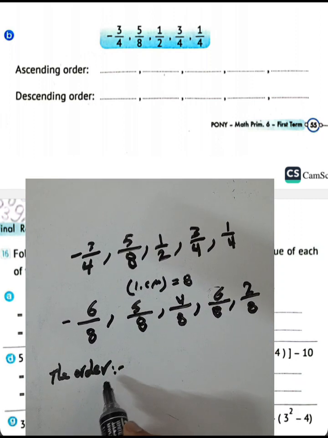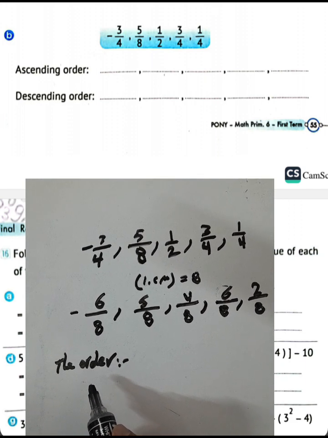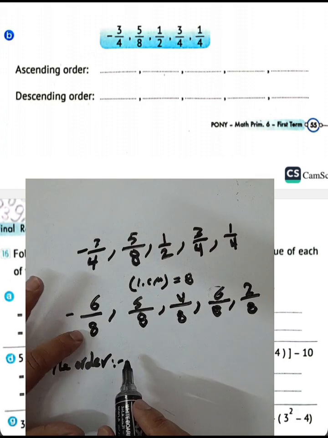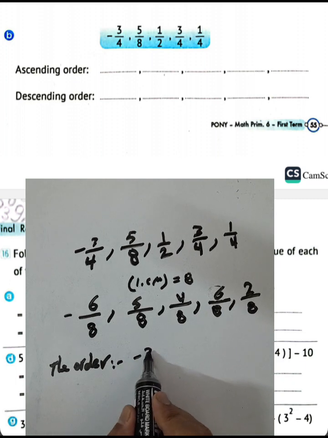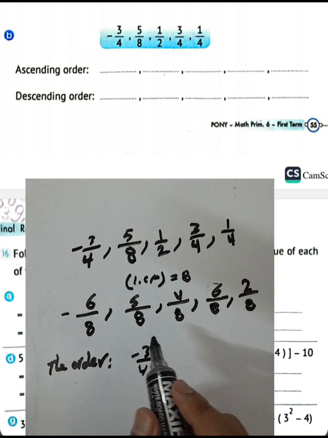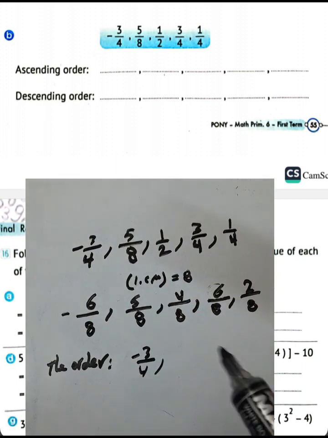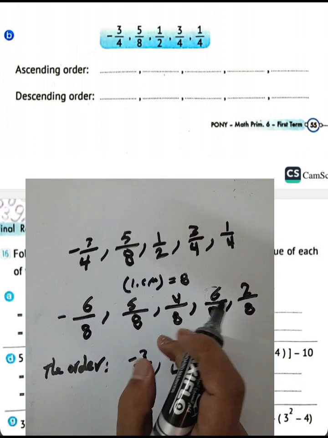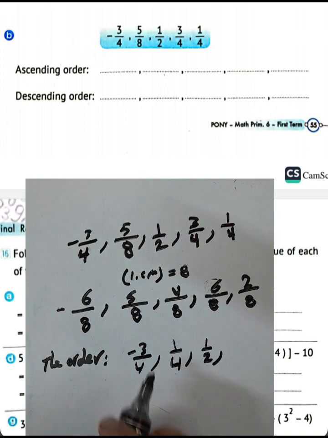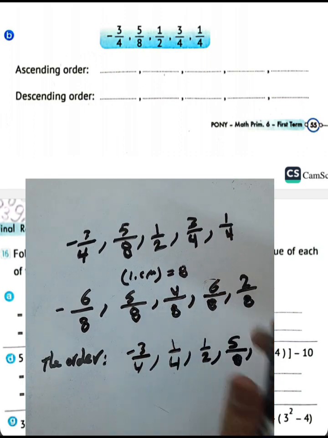the order here, you want to arrange in ascending order from least to greatest. Write the negative number first, the original number, negative 3 over 4, and this number 2 over 8 will be fourth, and 4 over 8 will be half, and 5 over 8, and the last one 3 over 4 is 6 over 8.